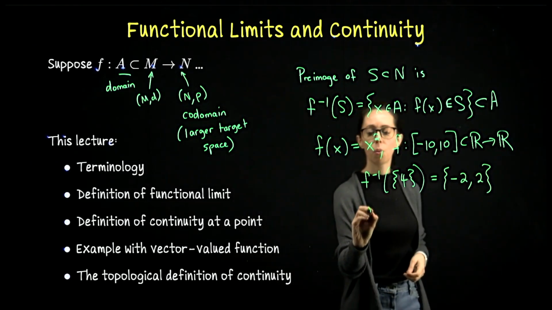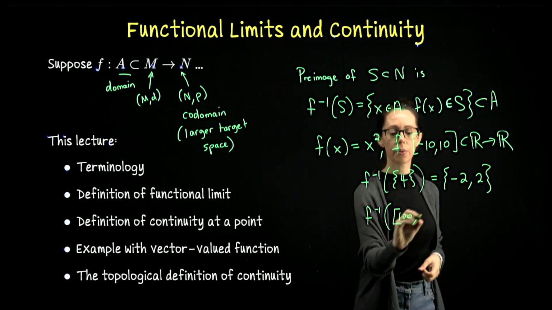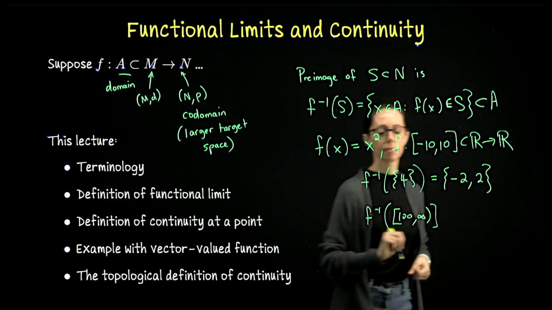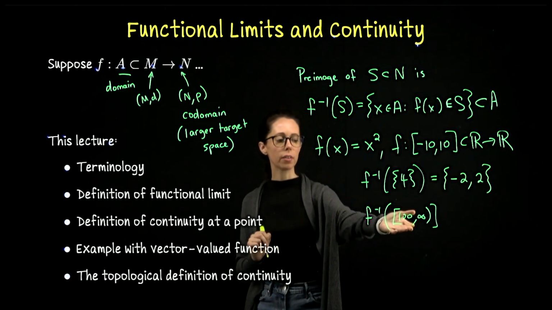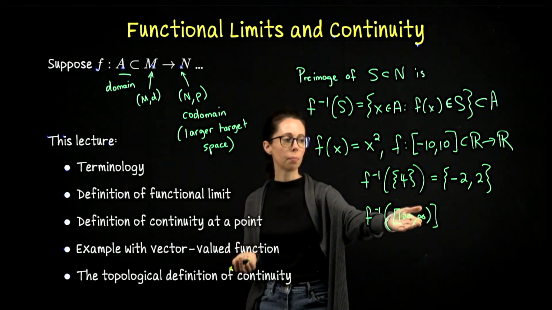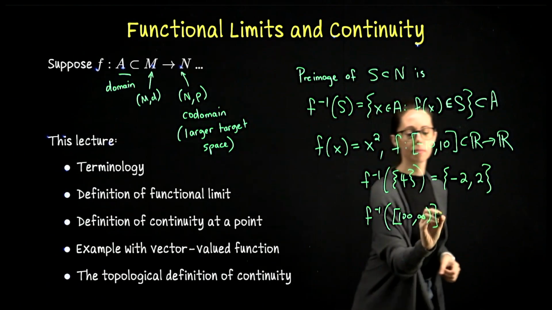If I say, what is the preimage of 100 to infinity? So what are all the inputs that map to the closed interval from 100 to infinity? That is actually also a 2-element set. It's -10 and 10.